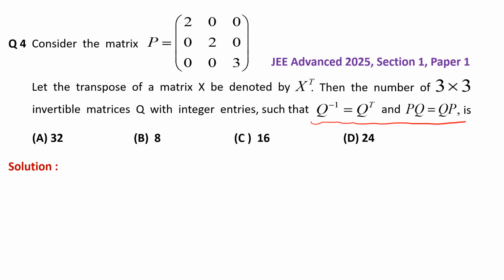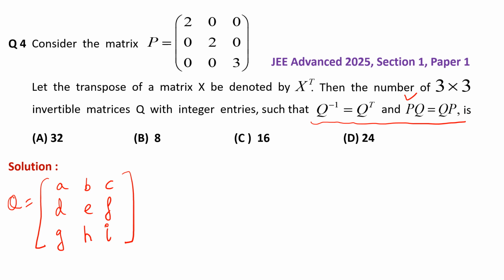Since Q is a 3 by 3 matrix and we do not know its elements, I am supposing the matrix Q as, in the first row the elements A, B, C, in the second row D, E, F, and in the third row G, H and I. Now students, we are given that PQ is equal to QP. So let's find the product PQ.